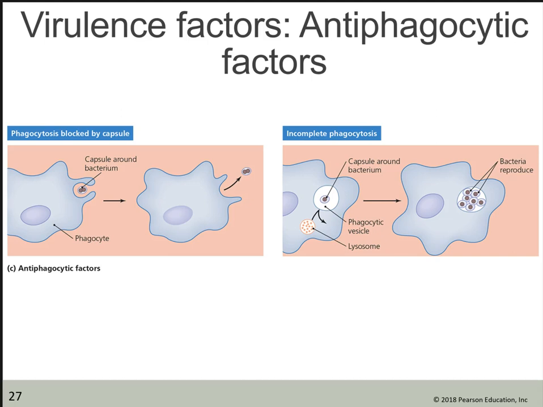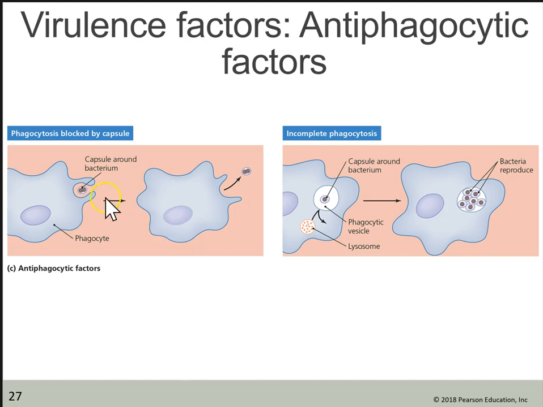Anti-phagocytic factors are factors that the bacteria or microbe can produce that prevent the cell from phagocytizing the microbe. So, for example, immune cells are able to phagocytize microbes and then destroy those microbes. But anti-phagocytic factors on bacteria or fungi or other microbes can prevent the phagocytes from engulfing that microbe and destroying it.